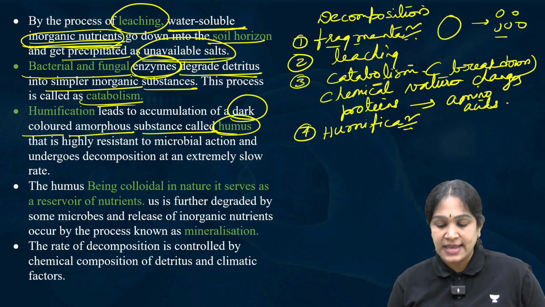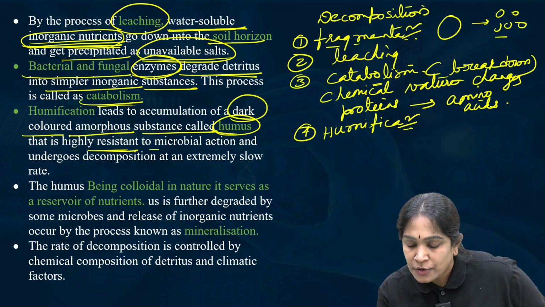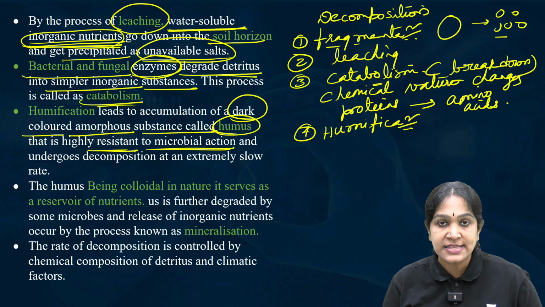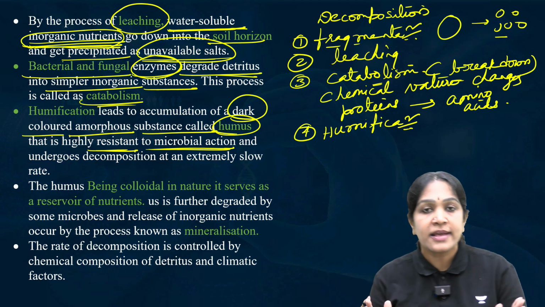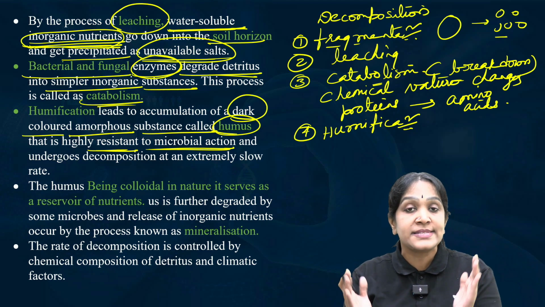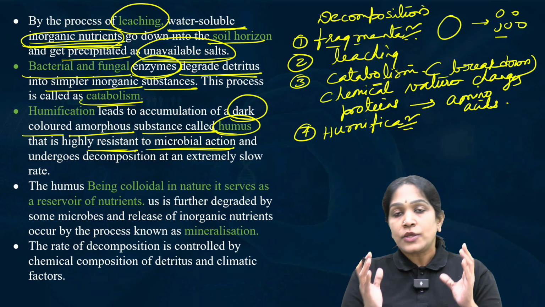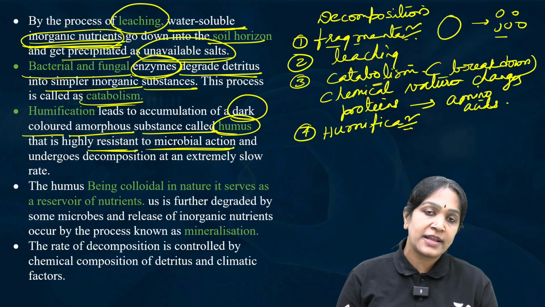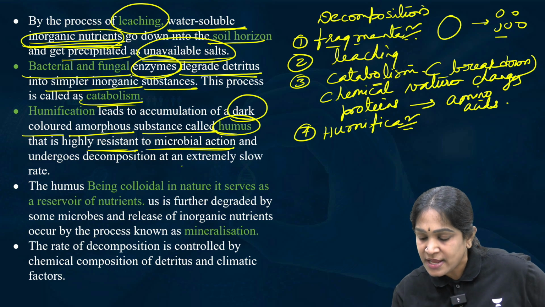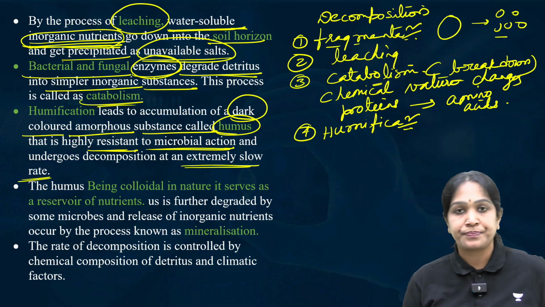And humus is resistant to microbial action. It means these detritivores or the decomposers cannot decompose the humus easily. The humus will either not get decomposed or it will get decomposed at an extremely slow rate.